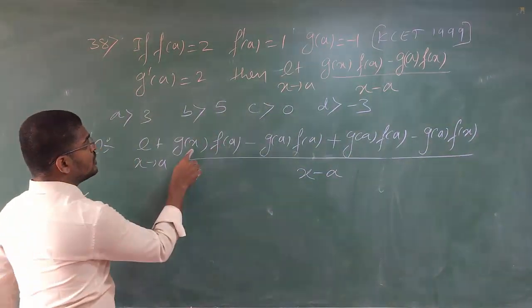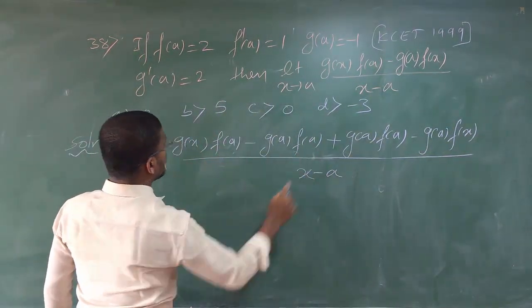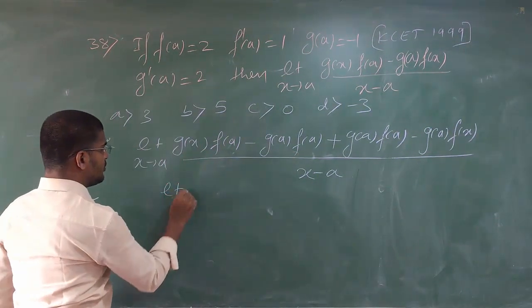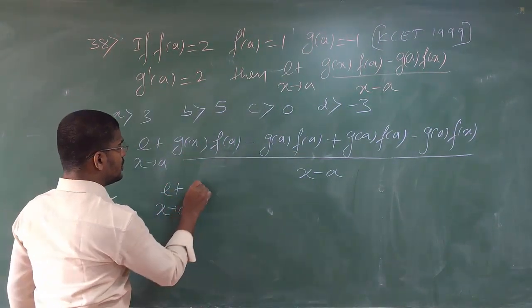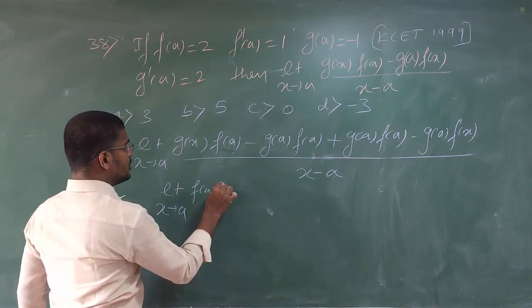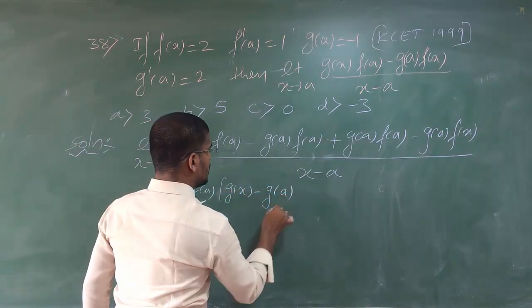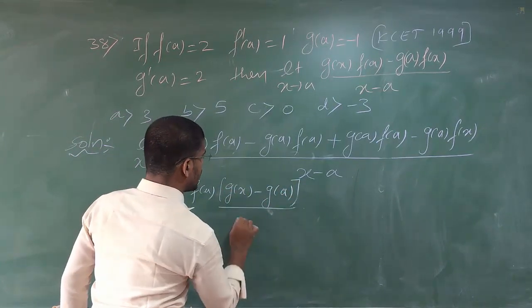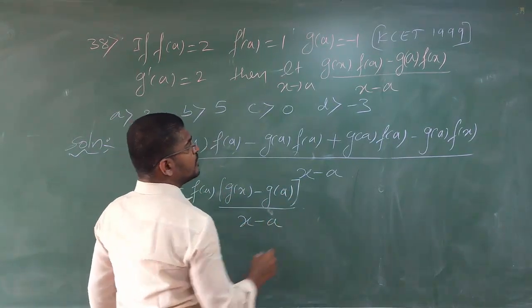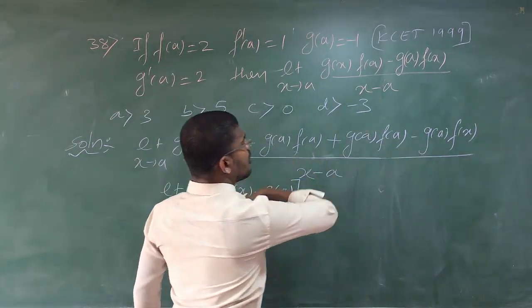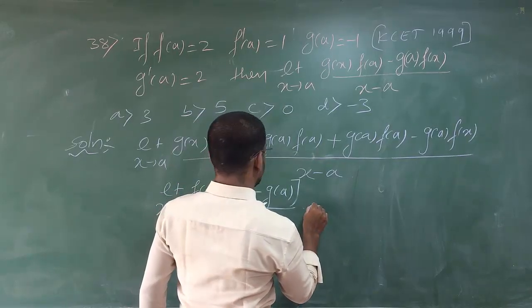So now f of a is common, so you can write limit x extending to a, f of a common, g of x minus g of a divided by x minus a. Take minus g of a common. What you are going to get?